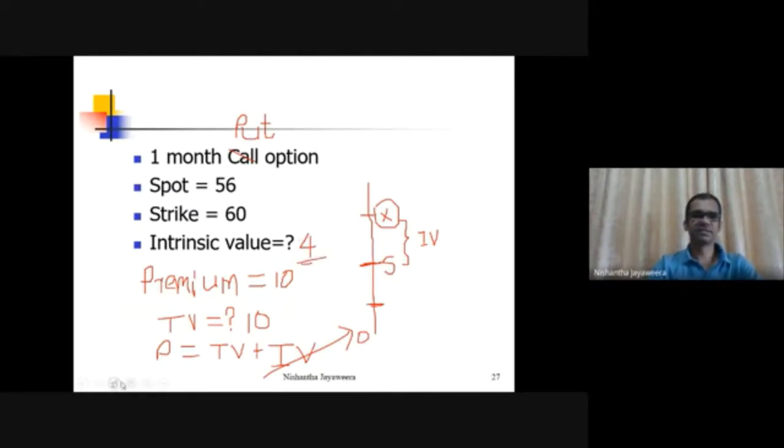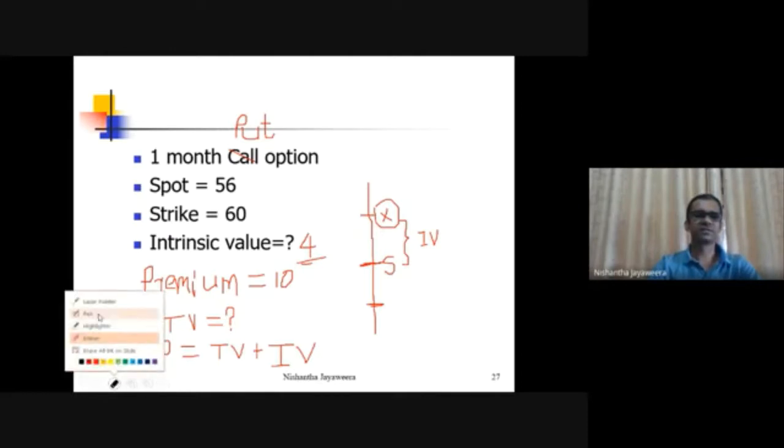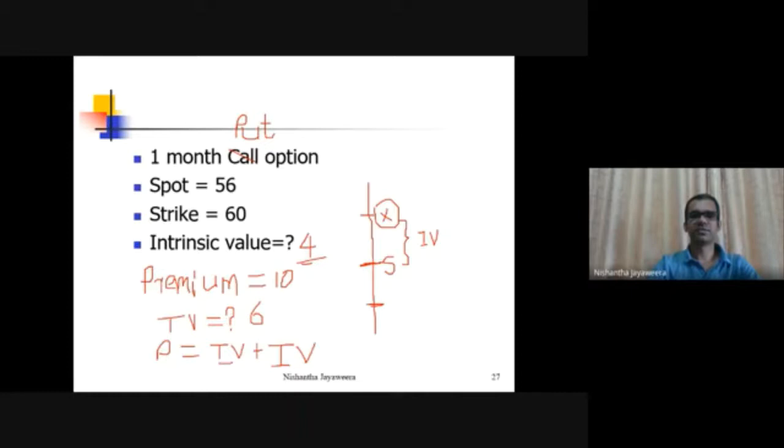What is the time value? 6. Time value is 6. Why? Time value equals premium minus intrinsic value. Premium is 10, intrinsic value is 4, so the time value is 6.